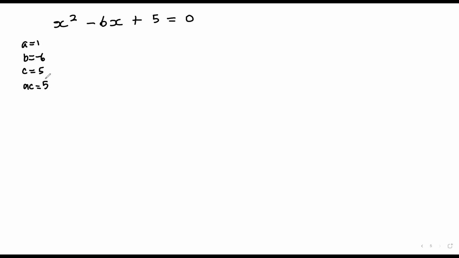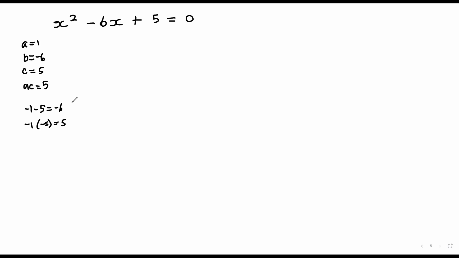I need to ask myself, what two factors of 5 will add or subtract to give me -6? 5 is a prime number. The only two factors of 5 are 1 and 5. So to get -6, I'll say -1 take away 5, which gives me -6, and at the same time, -1 times -5 gives me +5.